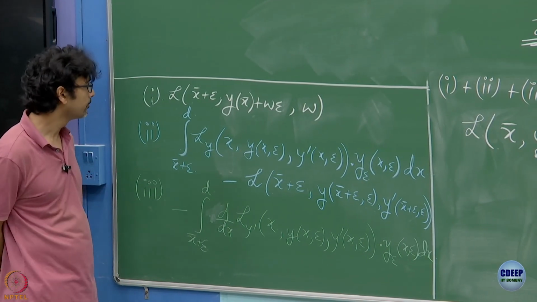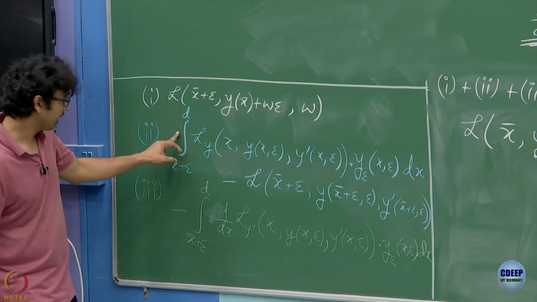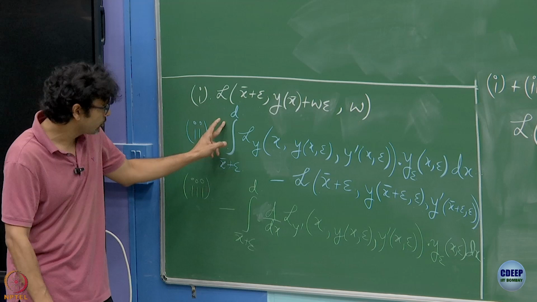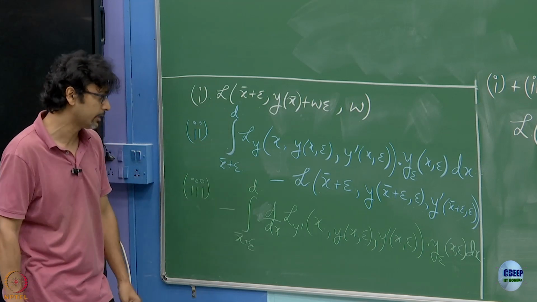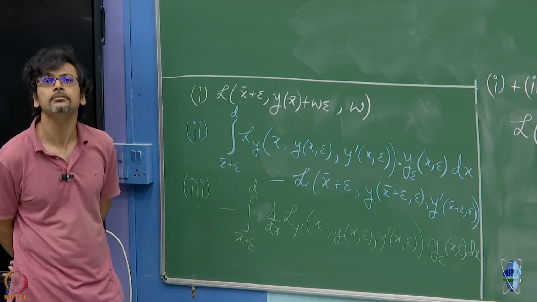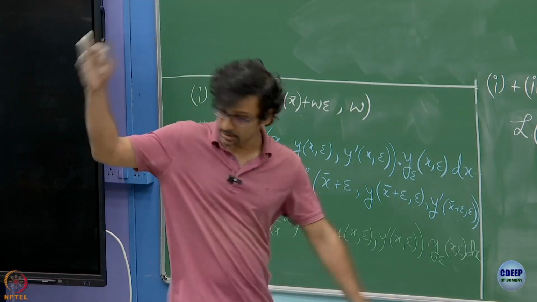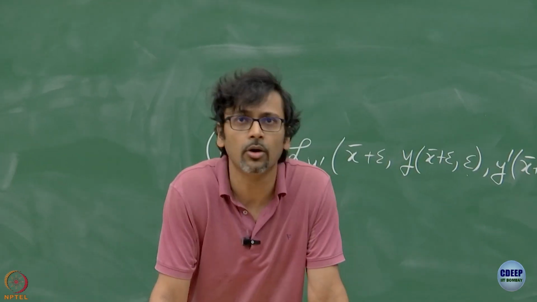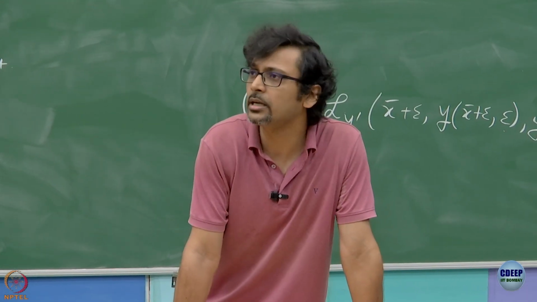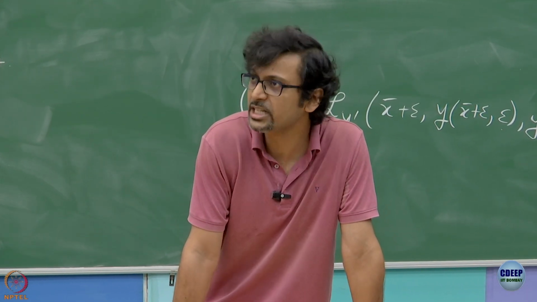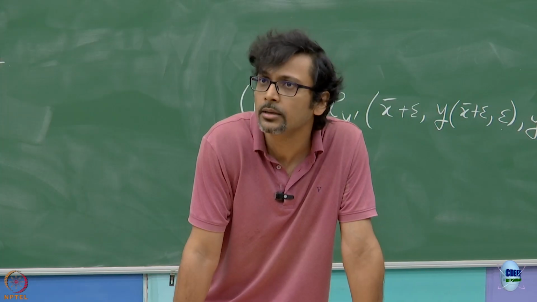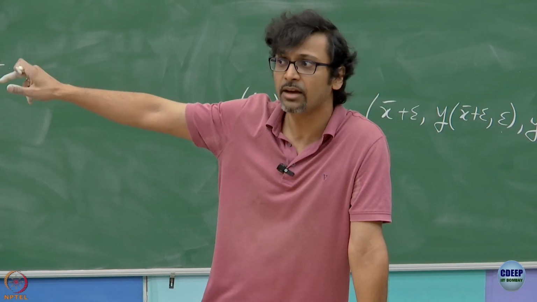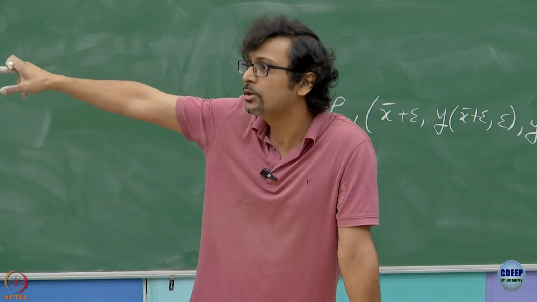Second term, well, I'll look at this second term here. The only terms that contain integrals are the second and the third term. If I merge together the integrals from the second and the third term, do you see something familiar? Yes, it's an Euler-Lagrange equation sitting over there. It's a strong extrema that we are looking for. Now, any necessary condition for a weak extrema must also be a necessary condition for a strong extrema. So, if indeed as epsilon tends to 0 plus we do land up with a strong extrema, it must satisfy the Euler-Lagrange condition.